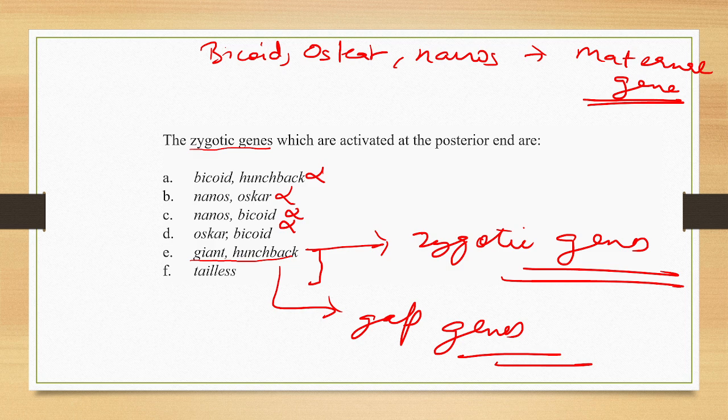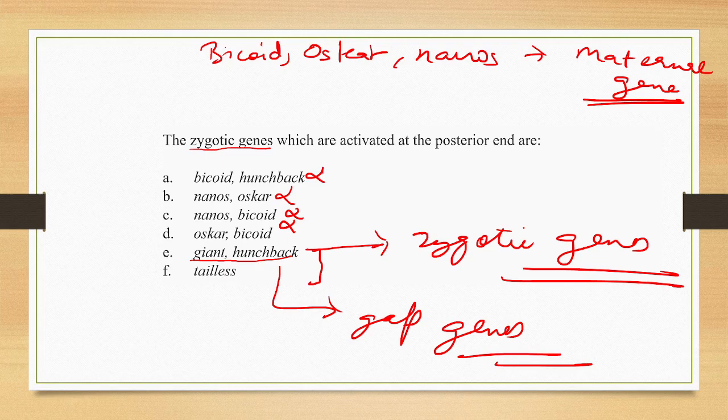So if the tailless gene is absent, then that particular embryo would be tailless. That is why it is named tailless. Genes are named according to their mutant phenotype.